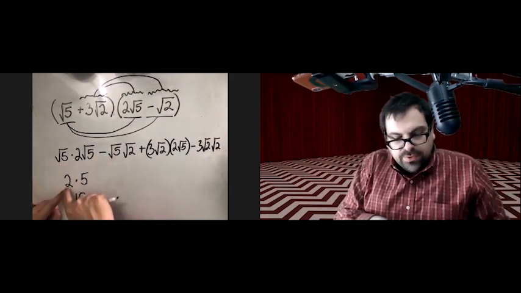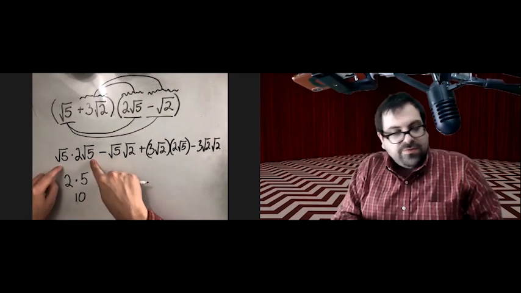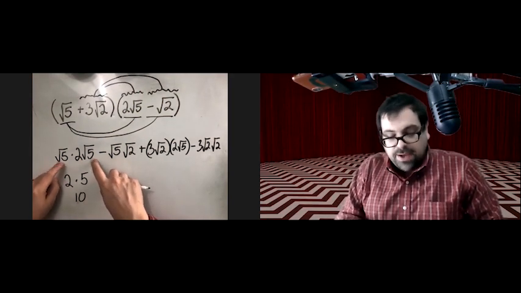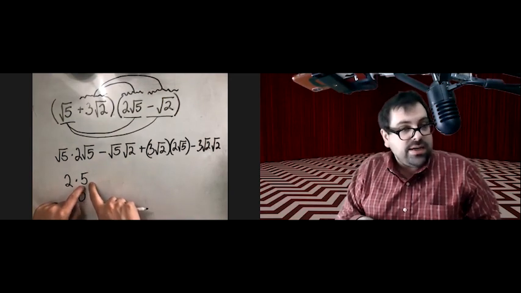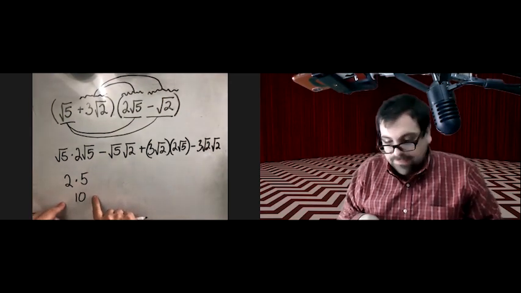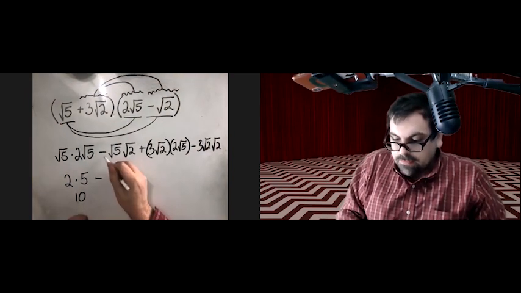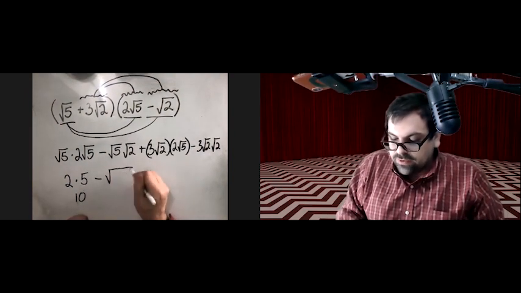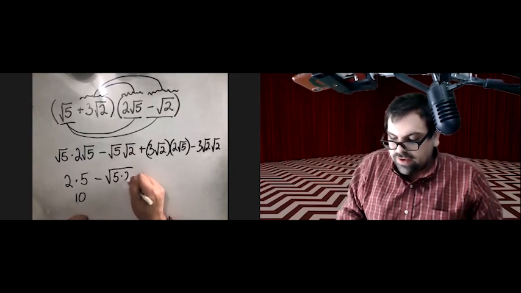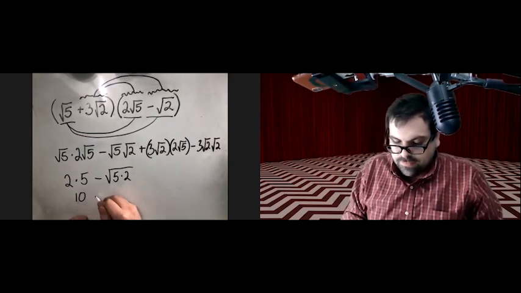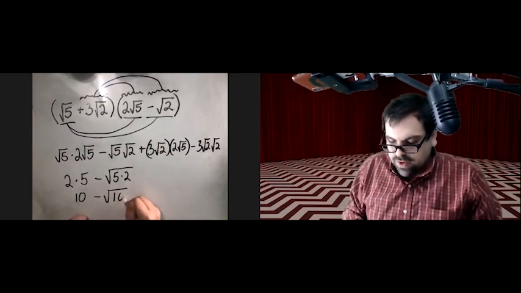All we have is the 2, and then radical 5 times radical 5. Multiplying a radical by itself leaves us with what's underneath. 2 times 5 would be 10. Minus radical 5 times radical 2 would be radical 5 times 2, which would be radical 10.